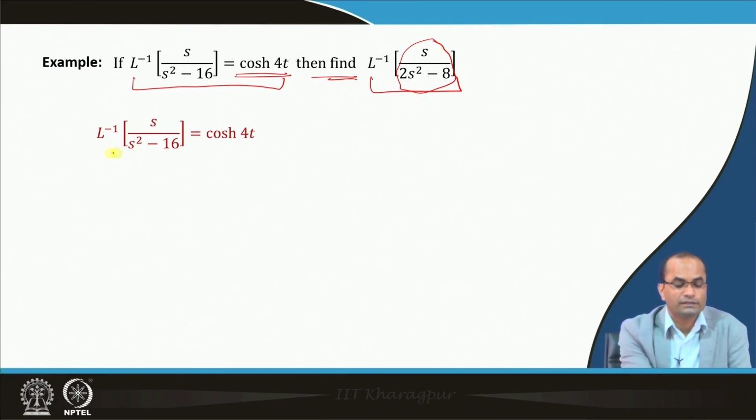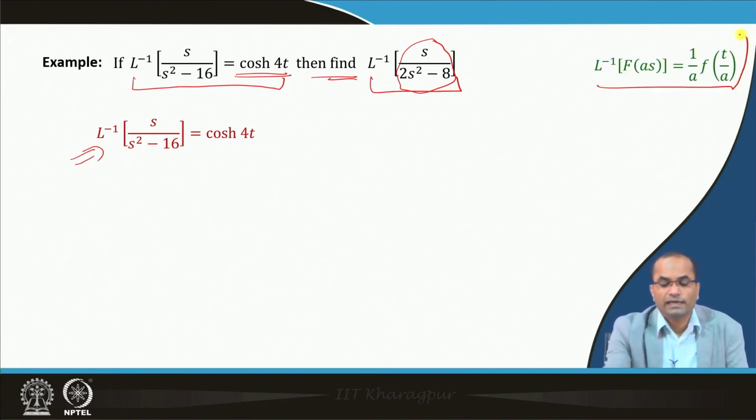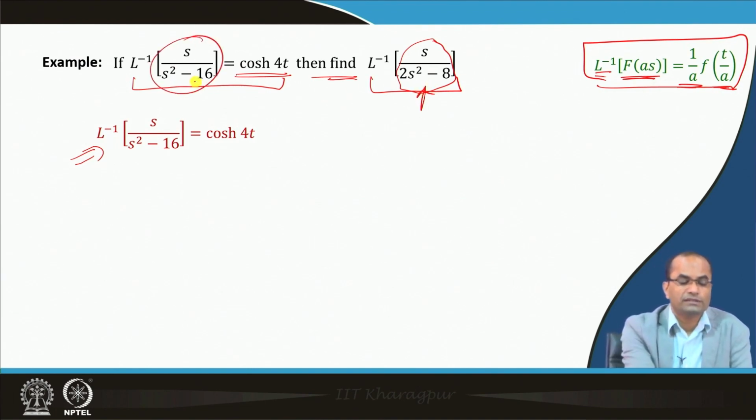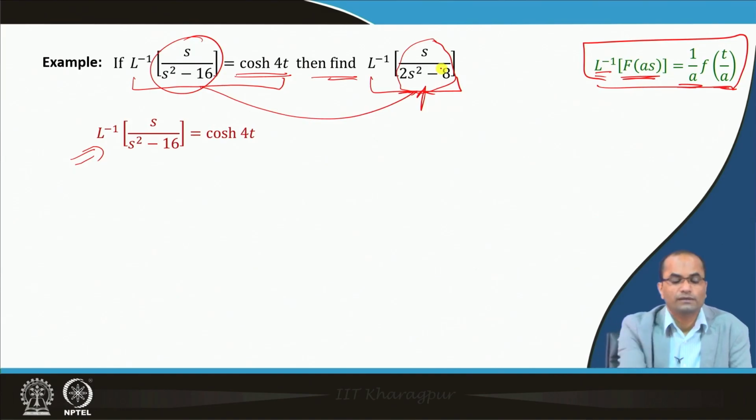We know the scaling property that L inverse of F(as) is 1 over a f(t over a). So, we have to just see what scaling is done from s over (s square minus 16) to get s over (2 s square minus 8).